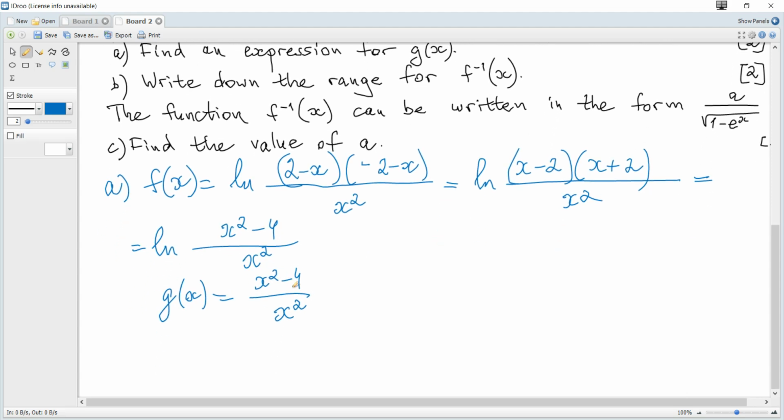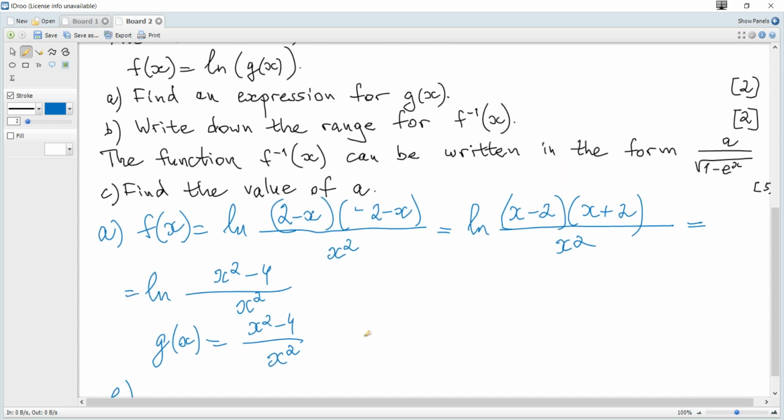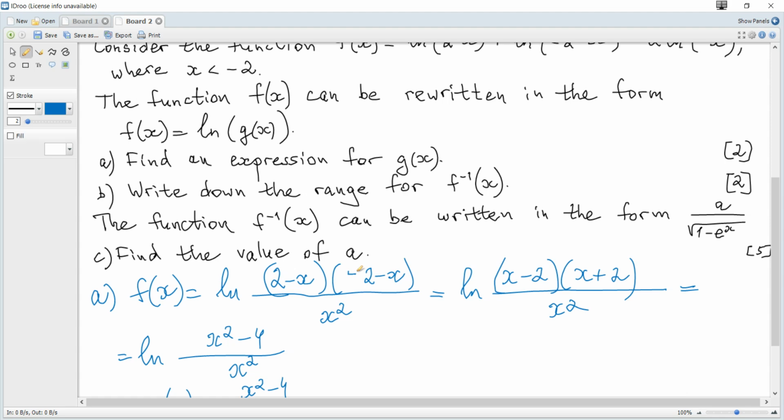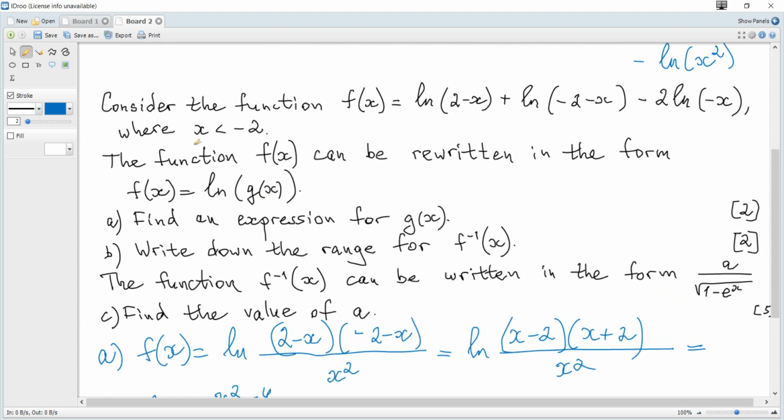Question B, write down the range for the inverse of f. And remember that for a function and its inverse, x and y interchange each other. It means that the range, what does it mean? It means possible values of a function, so possible values of y are equal to possible values of x, or the domain of the original function.